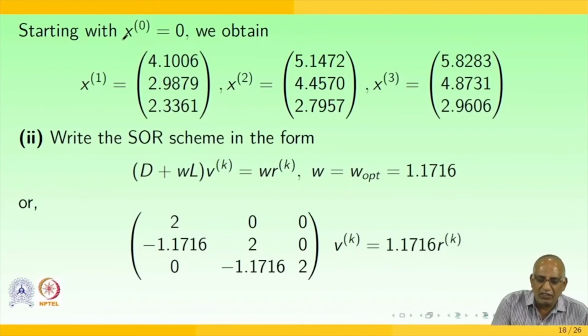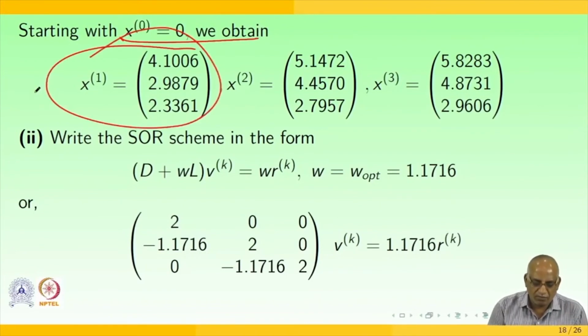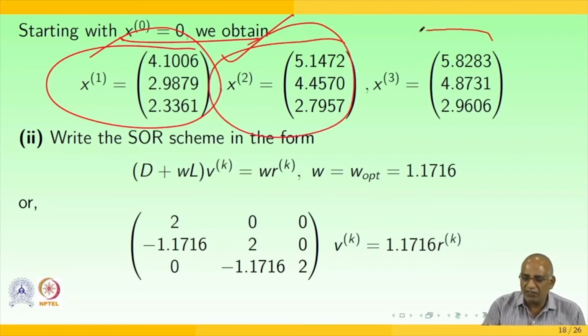So starting with x0 equal to 0, we obtain x of 1 as this matrix, x of 2 as this matrix, and x of 3 as this matrix.